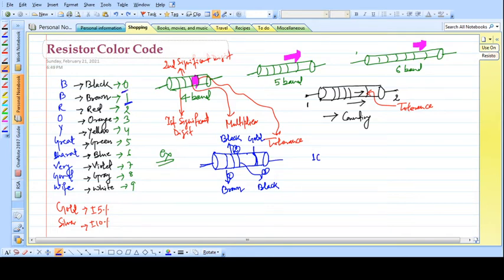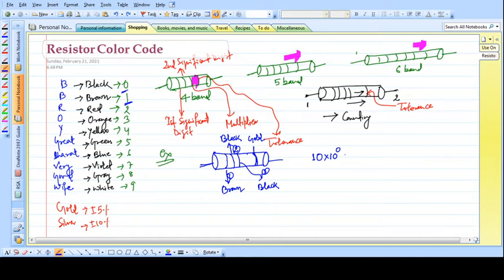So write 0. You write the first 2 significant digits. Then the third one is black, which is the multiplier. For the multiplier we have to write 10 to the power. The next one is again black, so 10 to the power 0.